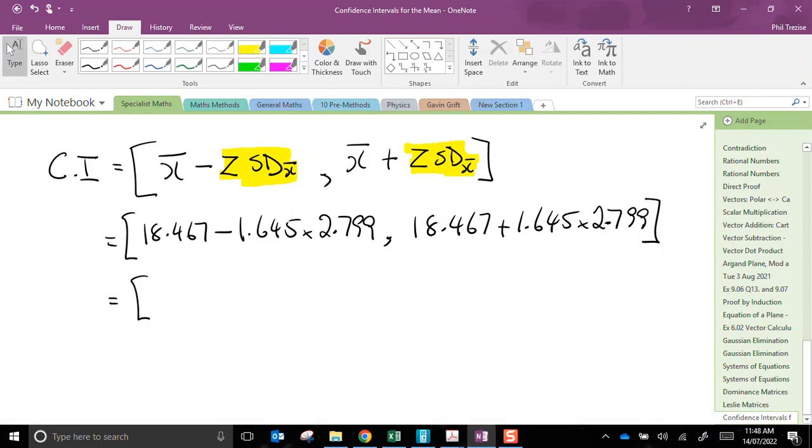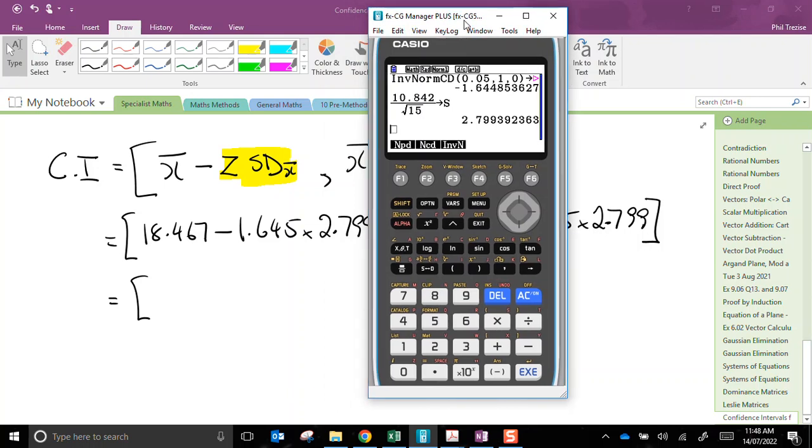Now this wouldn't be too difficult, I hope. Let's go. So our mean was 18.467. We are going to multiply the value we stored as a z-score by the value we had as our standard error. Did I say? I've done that wrong. That should have been subtract, and that should have been multiply. Sorry about that.